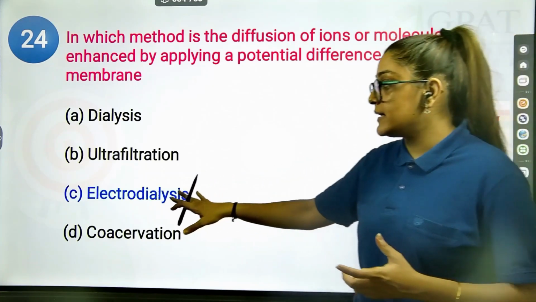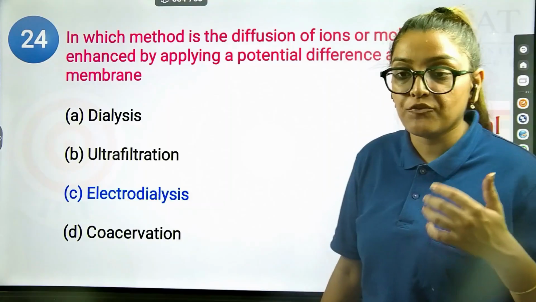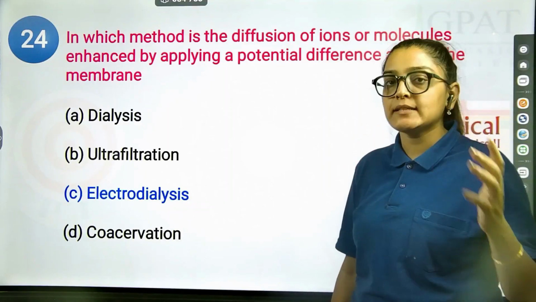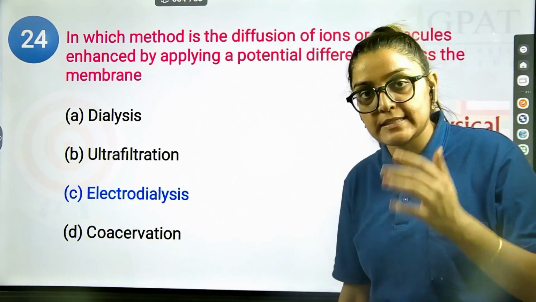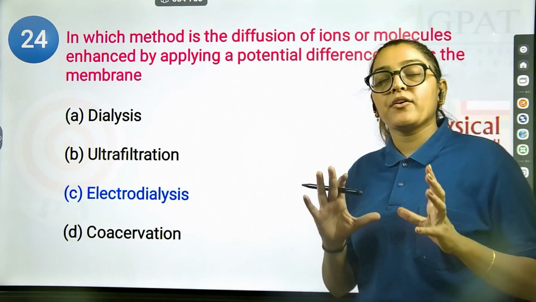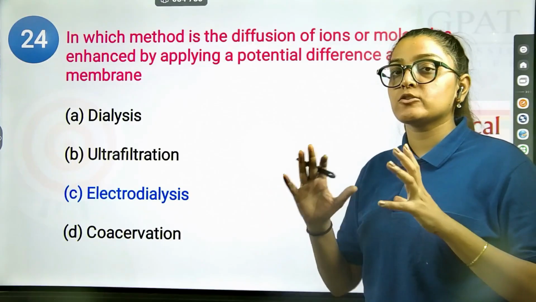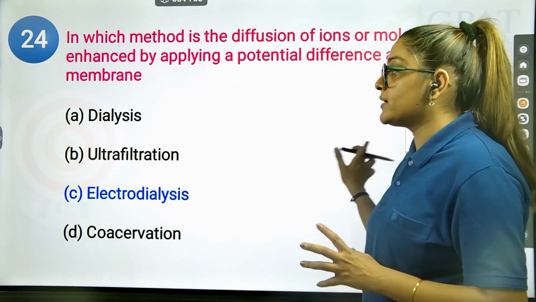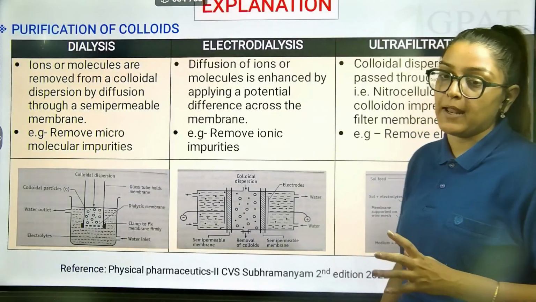These are all methods of purification of the colloidal particle, whereby any impurities or any other ions you want to eliminate, you choose a dialysis membrane for a particular size and you disperse it. Generally the process is very slow. To fasten it, we usually apply the potential, right? So here the electrodialysis would be applied. Okay.